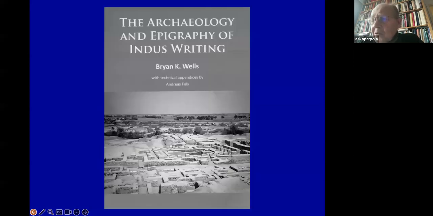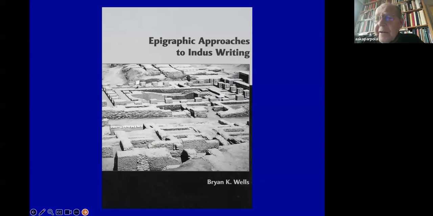This is almost twice the about 400 different signs recognized by Mahadevan 1977 and Parpola 1994.